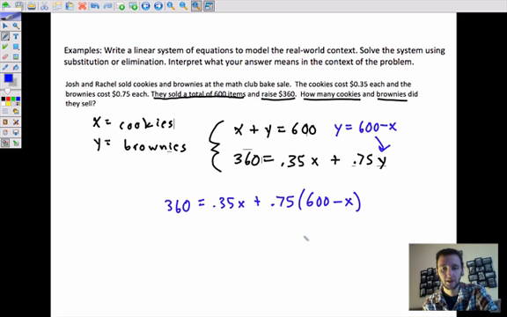That'll give me 360 equals 0.35x plus, use the distributive property here, and you'll get 450 minus 0.75x. From this point we can combine like terms.